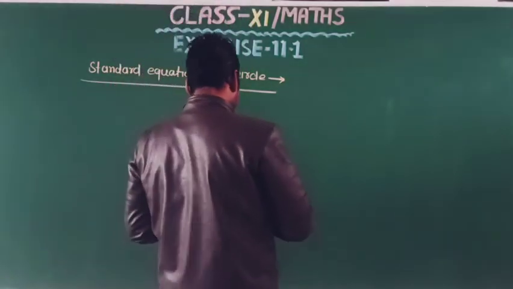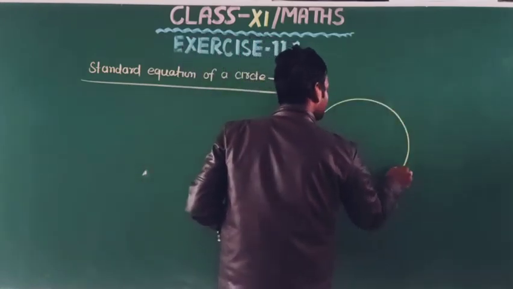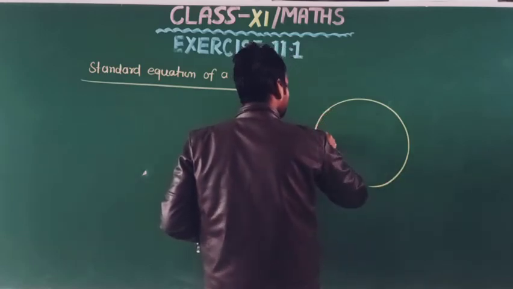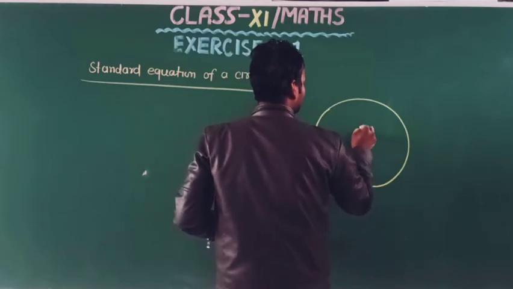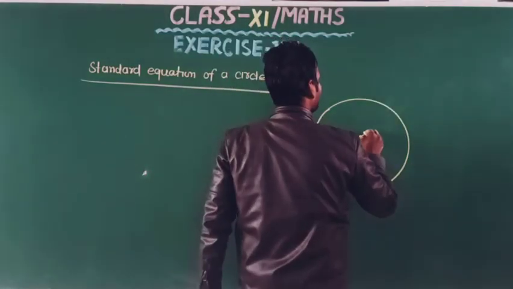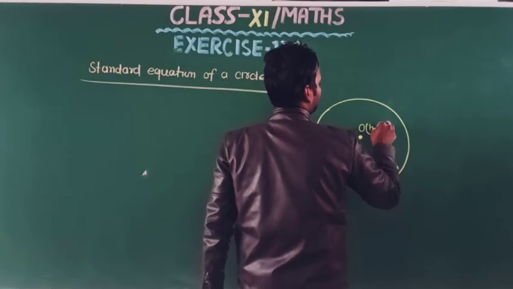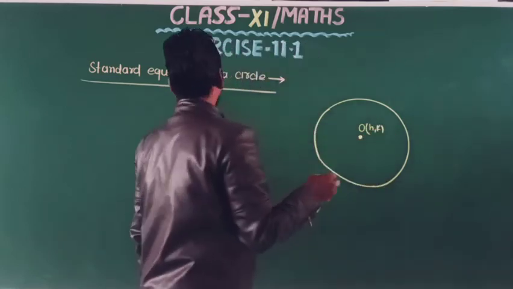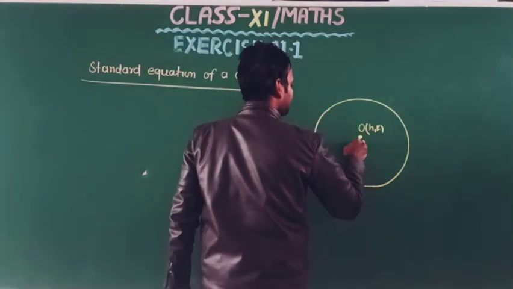So let us consider a circle with center O, whose coordinates are h comma k, and radius r.